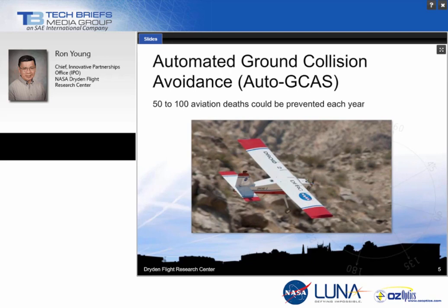In the area of collision avoidance, we have worked with both the U.S. Air Force as well as other parties to develop technologies to take advantage of automatic collision avoidance technologies for piloted aircraft, using ground terrain mapping data to avoid collision impacts with the ground.